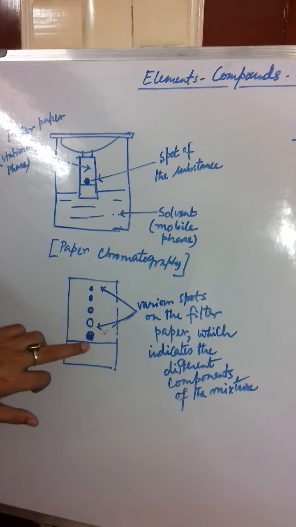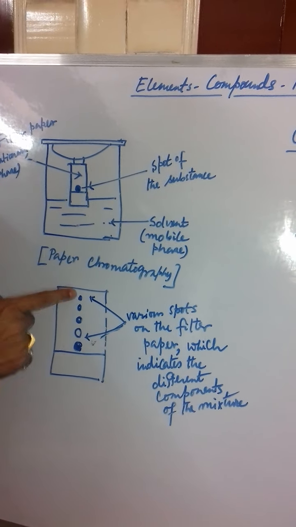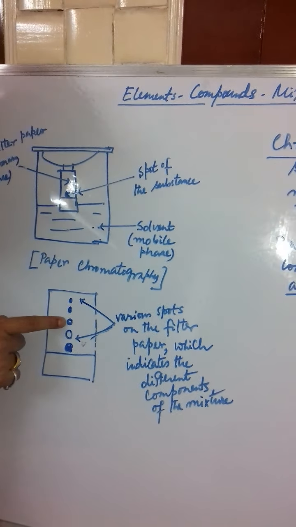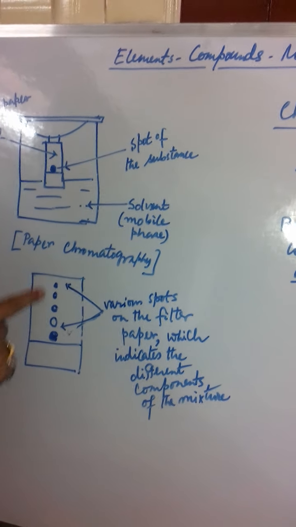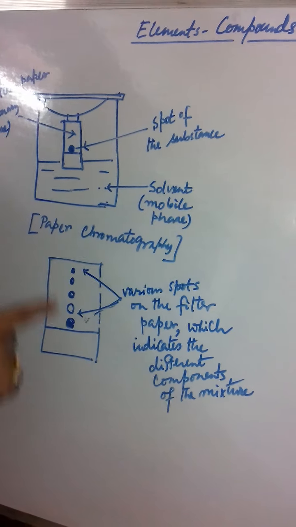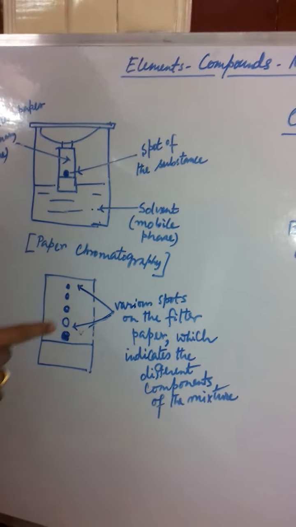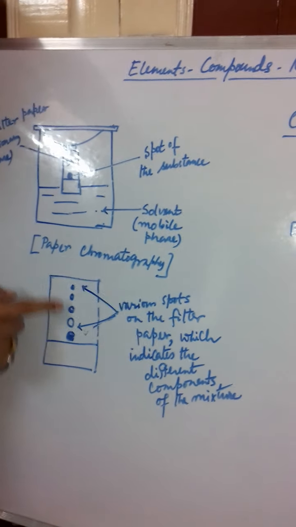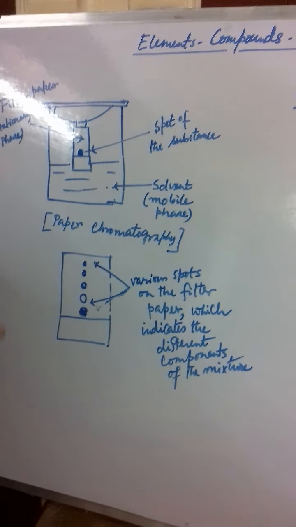You see, this is the line, this is the original dot, and there are some different spots. These different spots are indications of the different components present in the mixture. It may be 5 or 2 or 3, and as per this drawing, there are 4 different components.